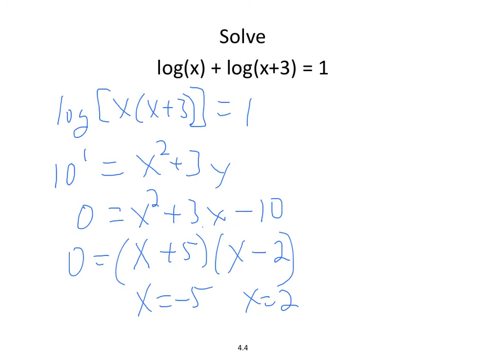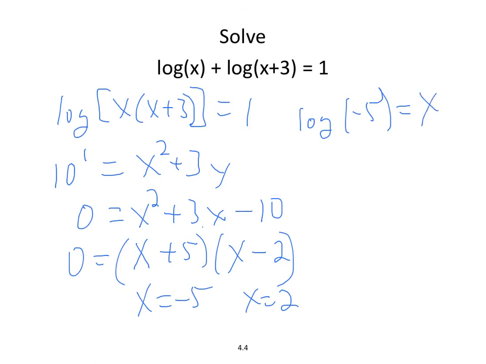Now here's the twist. You got to come back up here. Look at your original equation. I can't take the log of a negative number, right? I don't know if I've said this on a video. Why can't I take the log of a negative number? This is saying log of negative 5. Why can't I crunch that into a calculator?